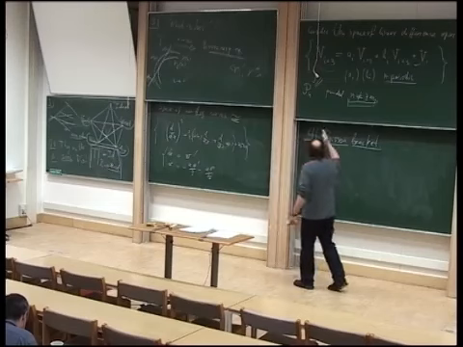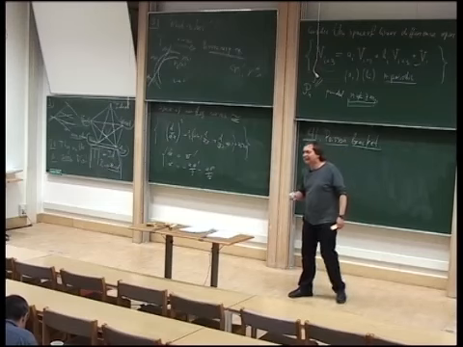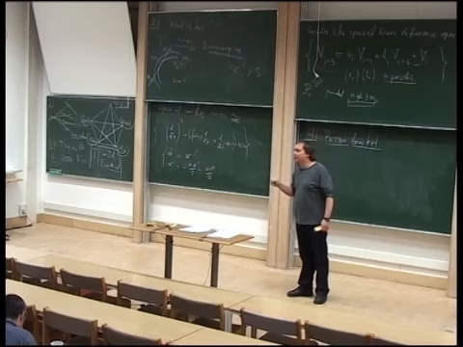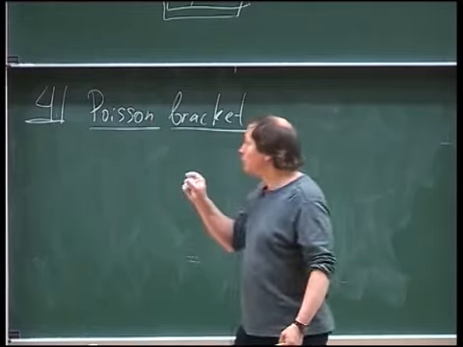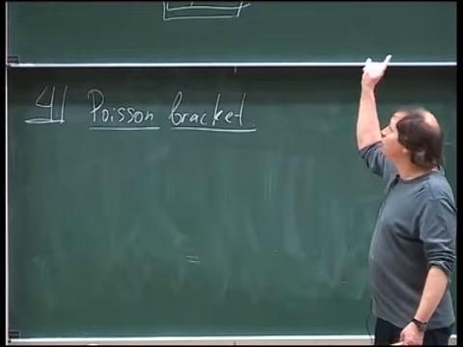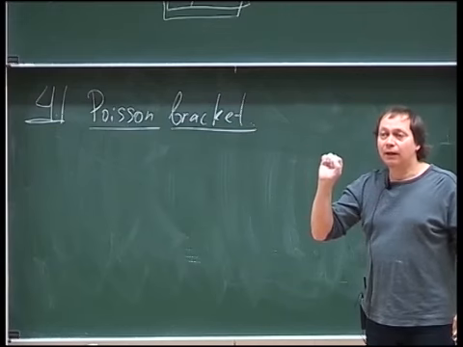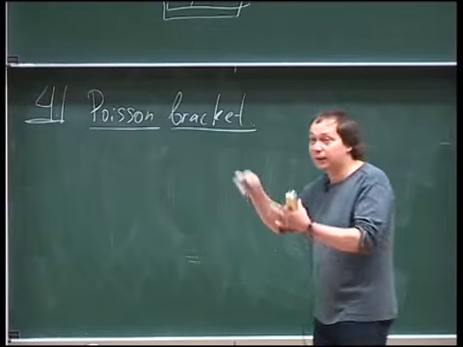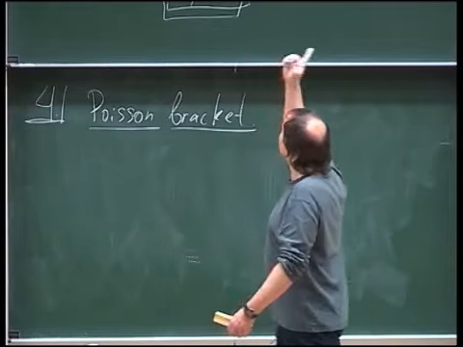Okay, so the Poisson bracket. There are, of course, many different ways to write explicit formulas for the Poisson map. I prefer the simplest, for me at least, which is just to give the brackets between the coordinate functions, and then we can extend it to any other rational or smooth functions.